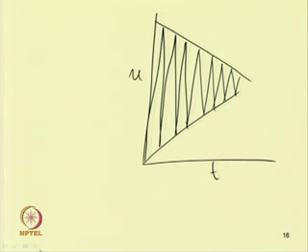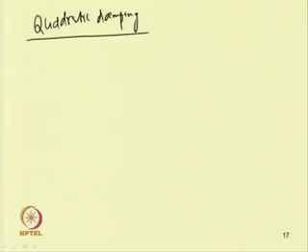And let us take the example of quadratic damping. In the case of a system with quadratic damping, the equation of motion can be written in this form, that is u double dot plus omega 0 square u equal to minus epsilon u dot mod u dot.